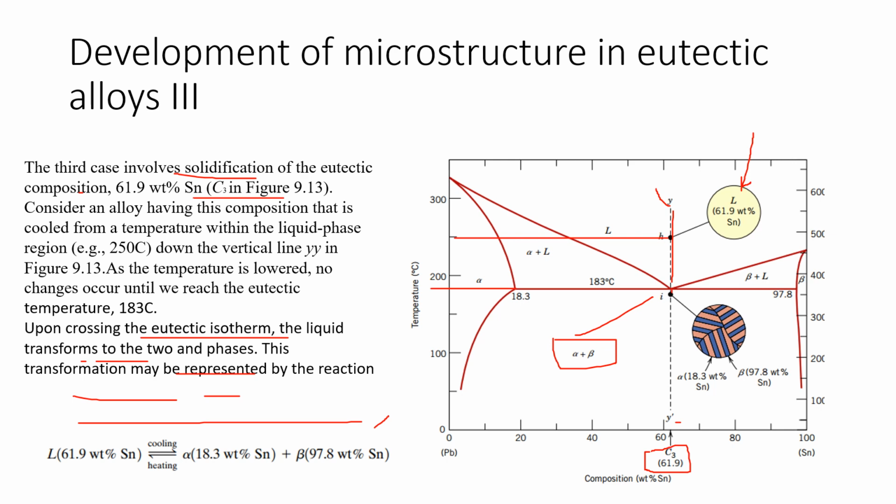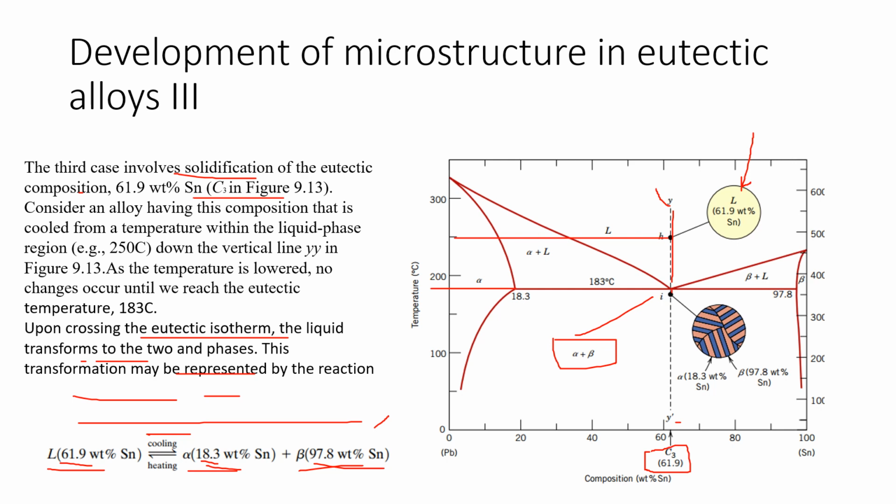This transformation is represented by this reaction, in which the liquid phase at 61.9% by weight of tin, upon cooling, is transformed into alpha plus beta: an alpha particle with 18.3% by weight of tin, and a beta particle with 97.8% by weight of tin. How can we determine this percentage?